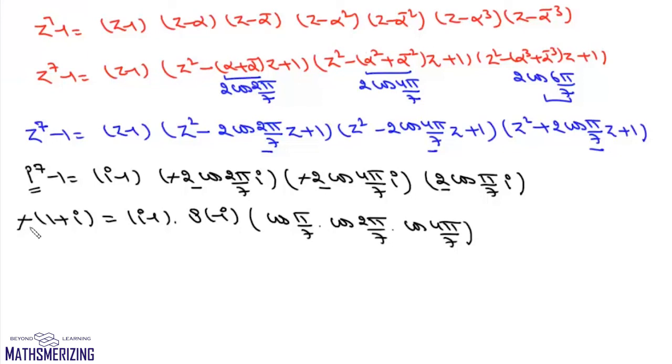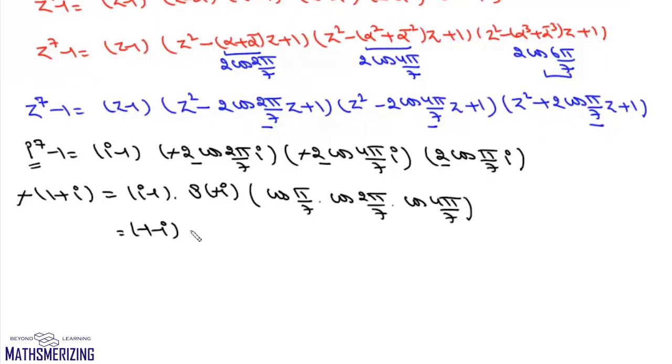Now we'll cancel this minus with minus. Now we multiply this iota here, we'll get iota square, which is minus 1, minus iota into 8 and it will be cos pi by 7 into cos 2 pi by 7 into cos 4 pi by 7. Now we take minus common. Here it will cancel. So we'll get this minus 1 here.